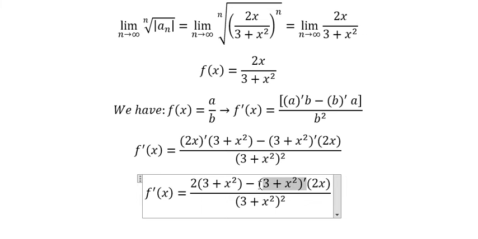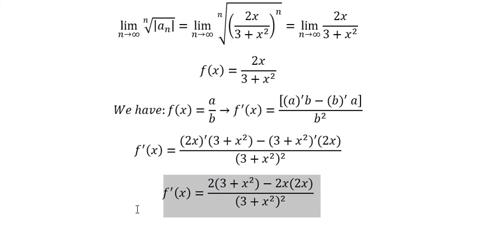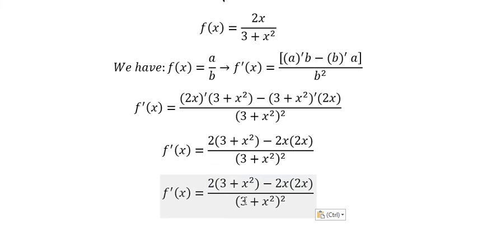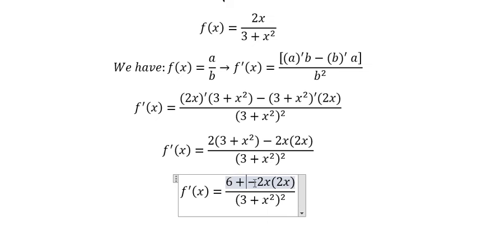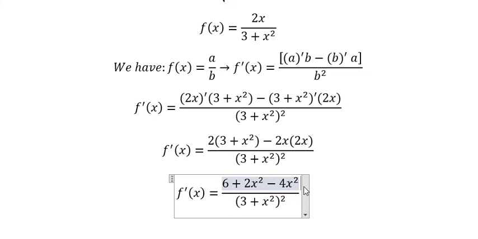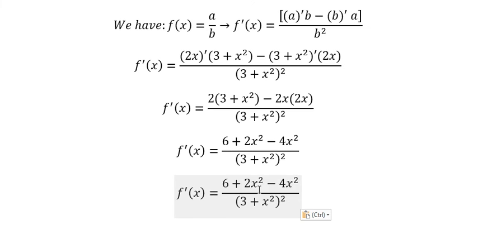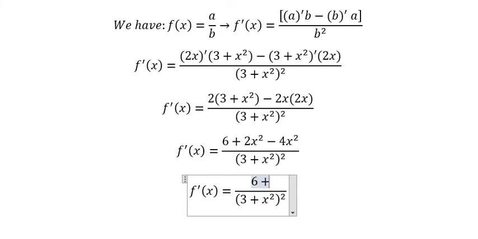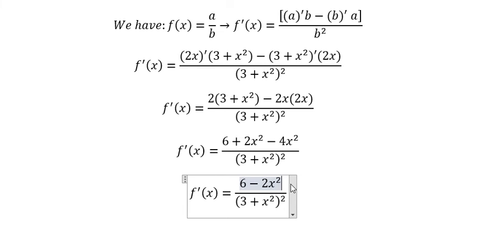This one we have 2x. This one we have 6 plus 2x squared. This one we have negative 4x squared. Now we can simplify it, and we have negative 2x squared.